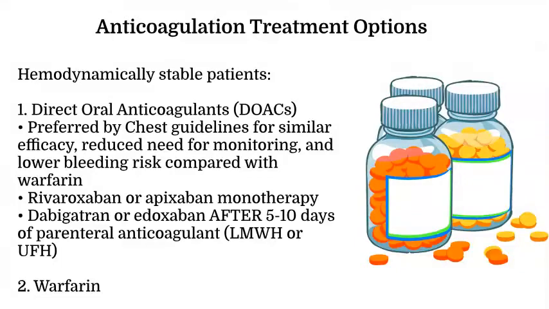And so these DOACs are actually preferred by the CHEST guidelines for similar efficacy, reduced need for monitoring, and lower bleeding risk as compared to warfarin. And typically the top 2 choices are rivaroxaban or apixaban, because either of these you can start right away. They do have a loading period, and that period is different for both of these medications.